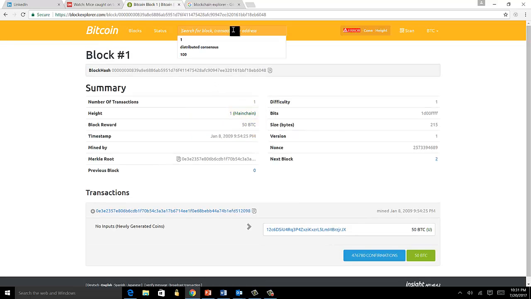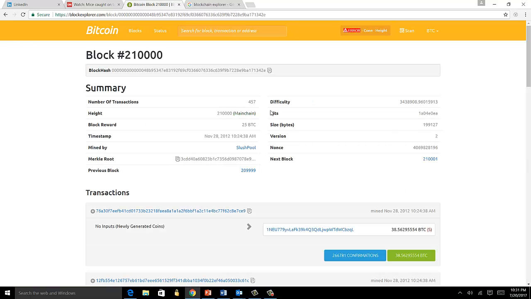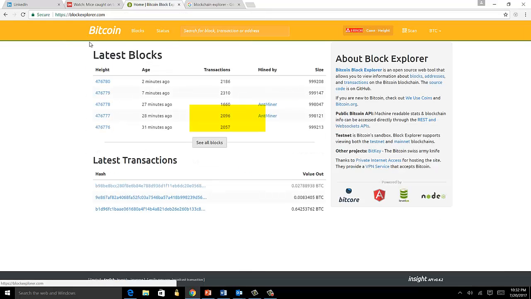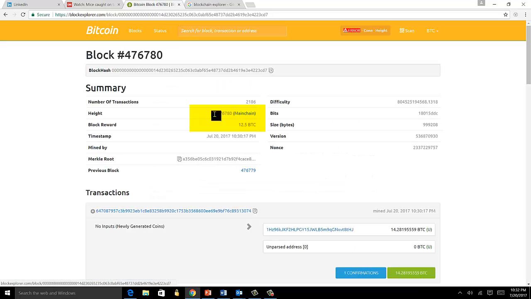Let's check block 210,000. There you go. The block reward is now up to 25. And of course, today, the block reward is 12.5. And it will continue to drop all the way up until 2141 when the block reward will be 0.